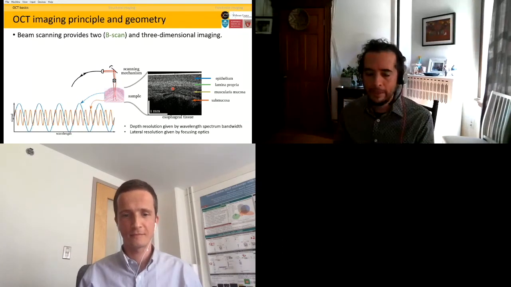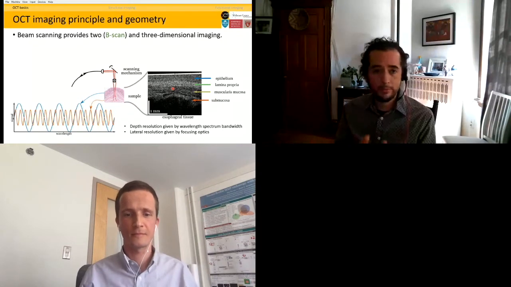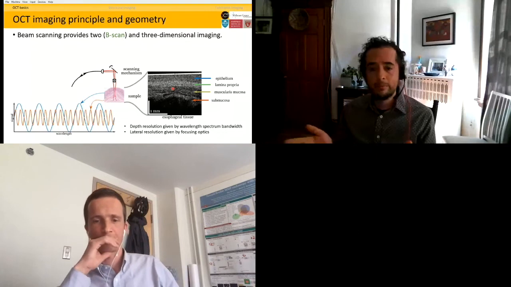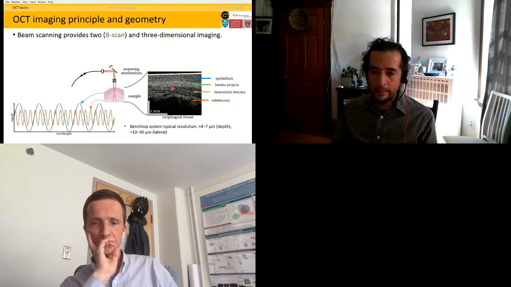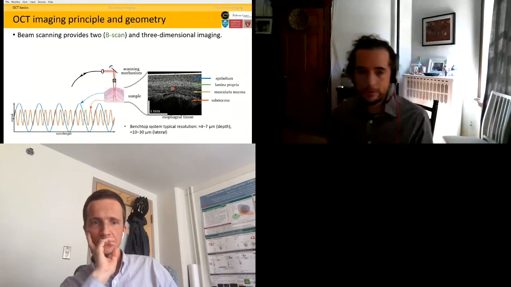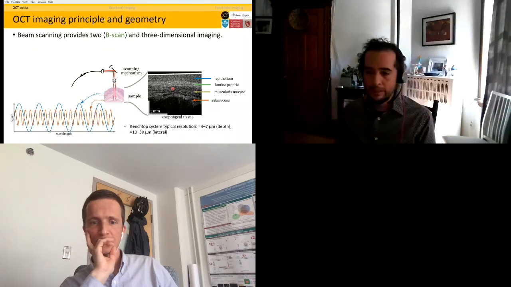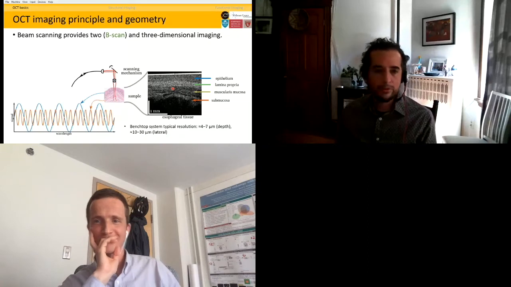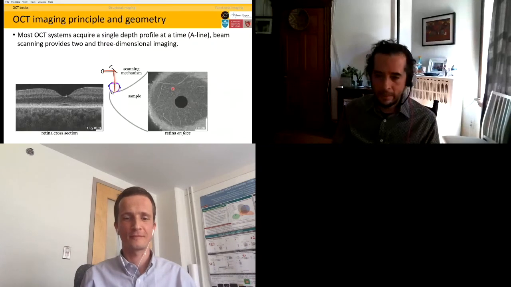Now, I want to clarify that the depth resolution in OCT is given by the wavelength spectrum of the source that we're using, but the lateral resolution is given by the focusing optics that we're using. And in a typical benchtop system like this one that is generally used to image, for example, excised tissue, skin, or small animals in preclinical studies, we have typical depth resolutions of 4 to 7 microns and lateral resolutions of around 10 to 30 microns.